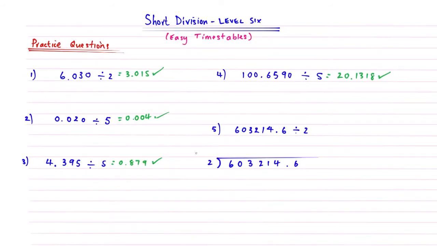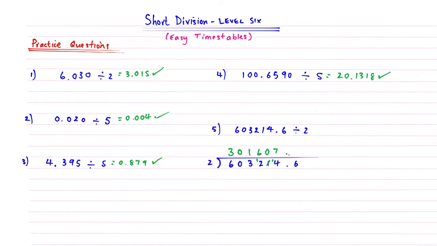Now let's have a look at the last one, question number 5. So we're dividing 603,214.6 by 2. So take each digit in turn. How many 2's go into 6? Well, that's 3. How many 2's go into 0? Well, it's too big, so it's a nothing. 2's into 3 go once, and then there's 1 left over as my remainder. 2's into 12 go 6. 2's into 1, well, 2 is too big, so it's going to be a 0, and then we carry the 1. 2's into 14 go 7.